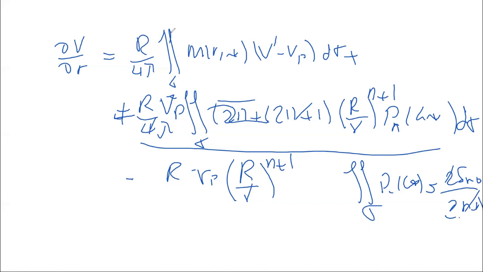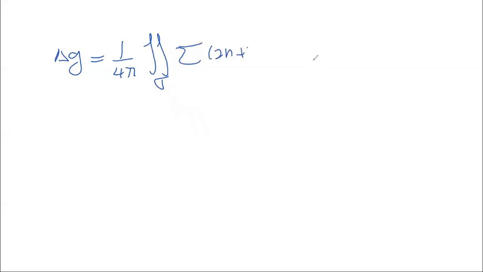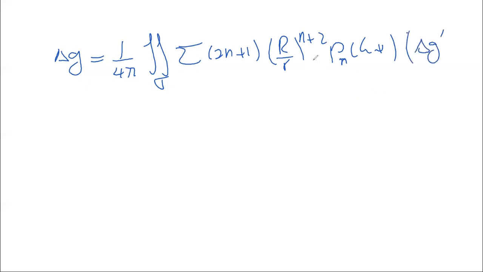If you remember, for gravity anomaly, delta G was 1 over 4 pi integral of summation to n plus 1 r n plus 2 pn cosinus psi sine psi, and then we have remove and restore: delta G minus delta G at computation point.